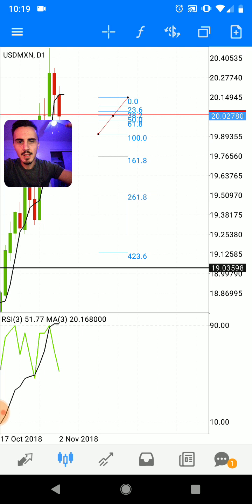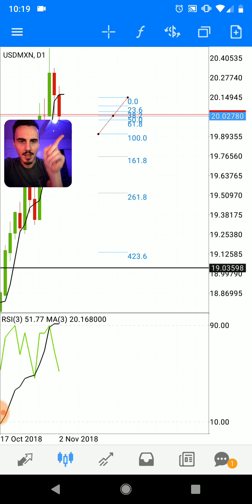Mathematically, it puts the difference between the 0 and the 100 into an equation, and then you get 161% of that difference, or 261% of that difference. So if 0 was truly 0 and 100 was truly 100, and you measured those 2 points, this point would be 161.8, if that makes sense.